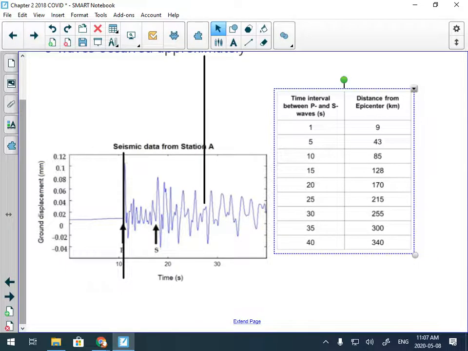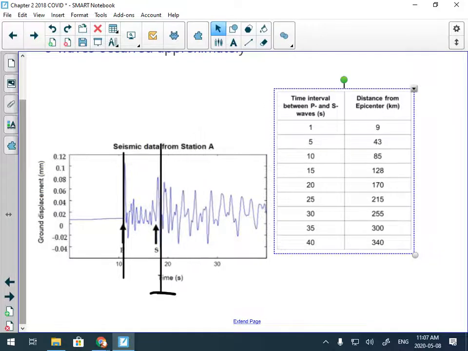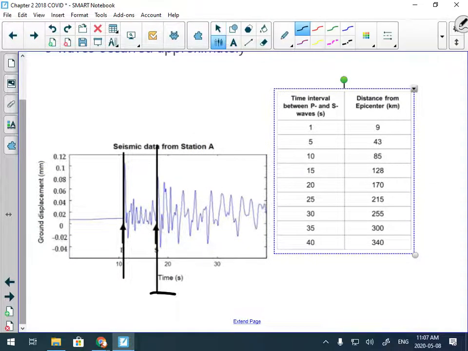The P wave starts. See the time on the bottom here? The S waves are really nebulous. Maybe there. So maybe, I don't know, 10 seconds, we'll say, and 18 seconds. That's when the S waves start. What's the difference in time between 10 and 18?